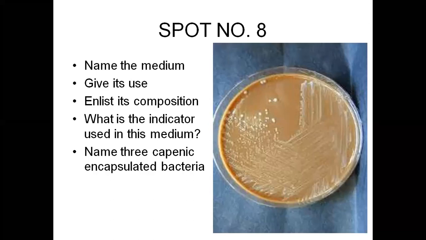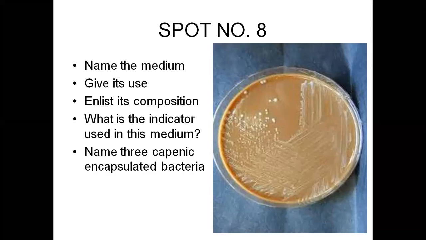Capnic, carbon dioxide loving, and capsulated, they have a capsule around them. Three important bacteria are Streptococcus pneumoniae, Haemophilus influenzae, and Neisseria species, both Neisseria meningitidis and Neisseria gonorrhoeae. So these are capnic, carbon dioxide loving, these are encapsulated, and these are cultured on this chocolate agar.